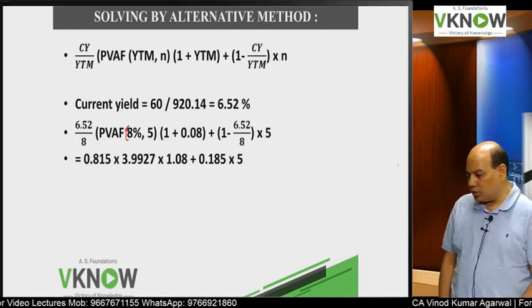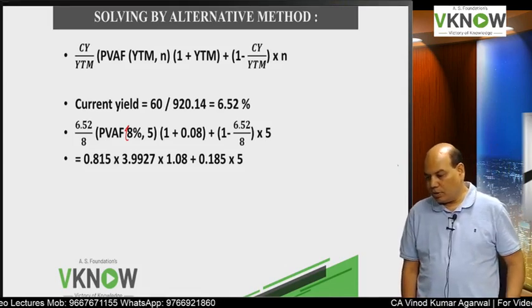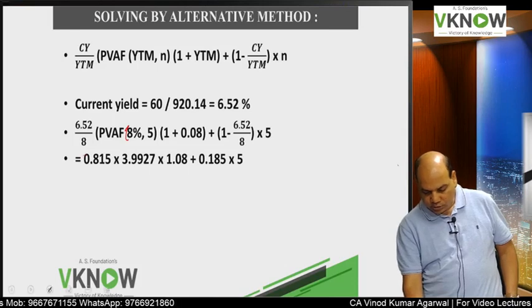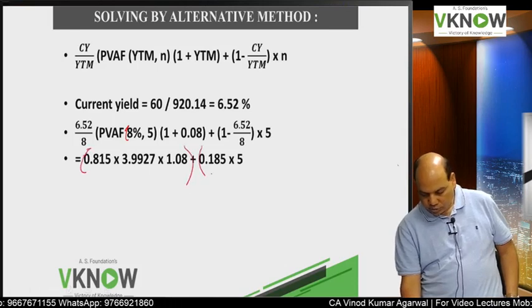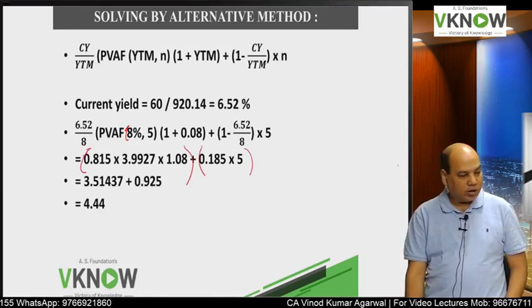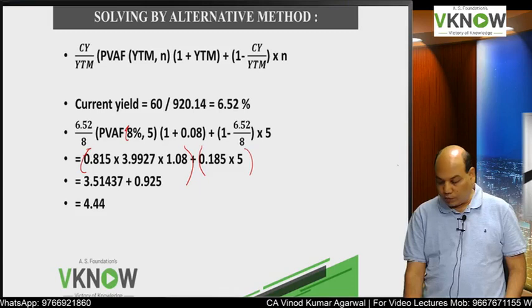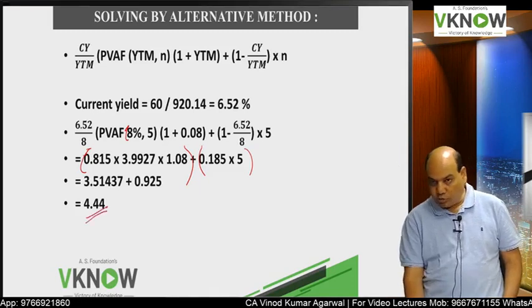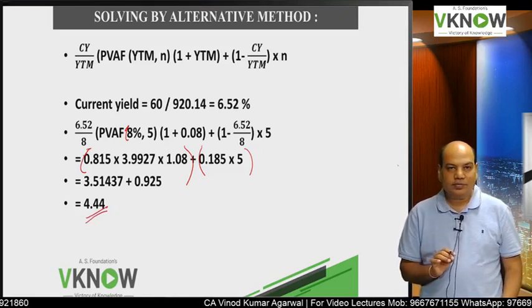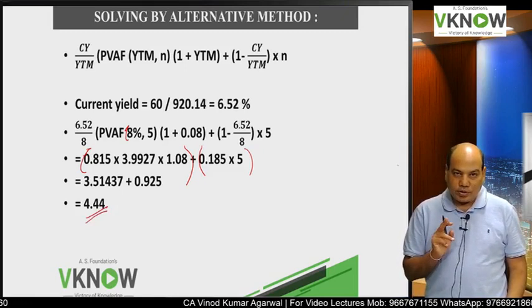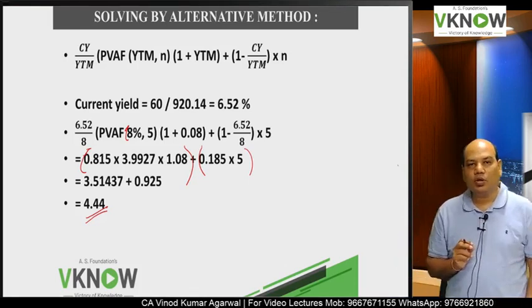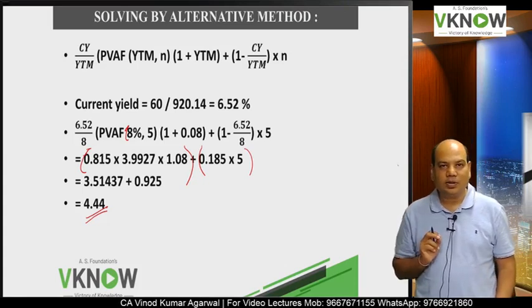Dear student, please reply. What will be the final answer of this? You will first complete this calculation, then you do this calculation. So one student has replied, the answer is 4.43 or 4.44, and you will be happily surprised that this answer is same as the earlier answer which we have solved by preparing a table.